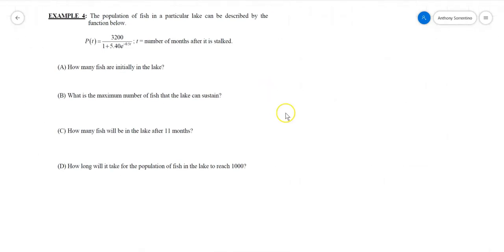Logistic growth is basically a growth that realizes that, in biological systems, I could have something start off with an exponential type growth. However, usually the amount of space is not increasing. If there's a forest, as long as it's not being cut down, it's going to stay the same size.